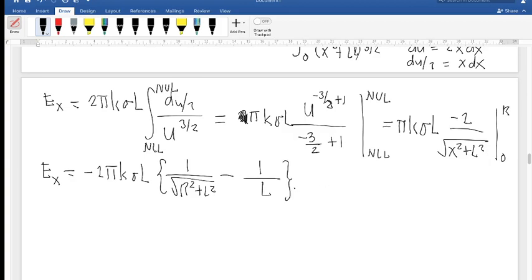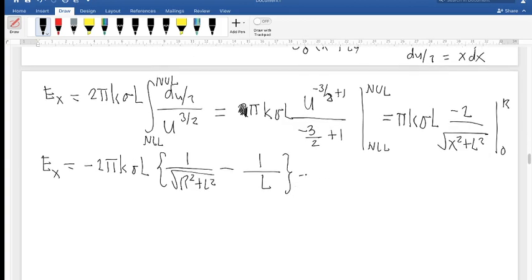Okay, so further simplifying, so we have here 2 pi k sigma L. Then we have here 1 over L minus 1 over, ako nang distribute ang negative sa sulod, okay? So square root of R squared plus L squared.